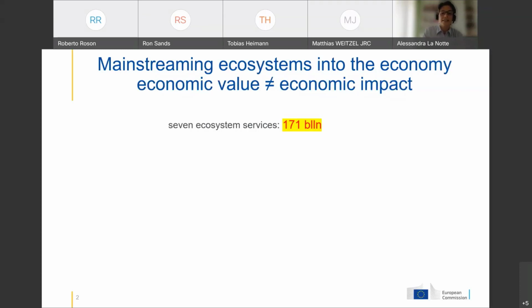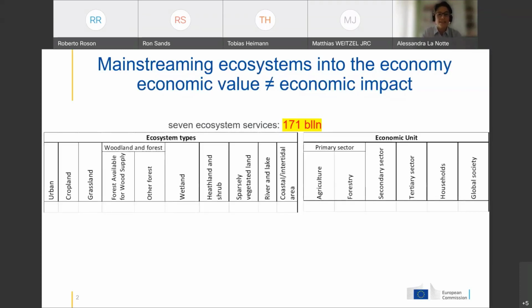We are also able to assess which ecosystem types provide most of these services: woodland and forest provide almost half of the total amount of these 7 ecosystem services. On the other side, the economic sectors benefiting the most are agriculture and, as an economic unit, also households.